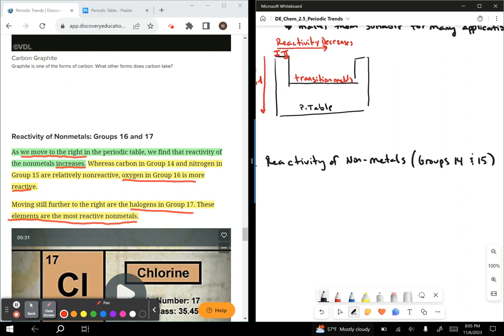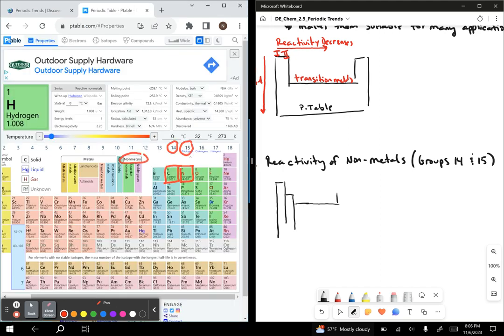We can say that on our periodic table, if we were to draw that out again, you have group 1, group 2, 3, 4, 5, 6, 7, 8, 9, 10, 11, 12. And then you've got 13, 14, all the way to 17. Let's see, we've got two boxes. That should be fine. So this will be 13, 14, 15, 16, 17, and then we'll say this is 18 over here, okay?